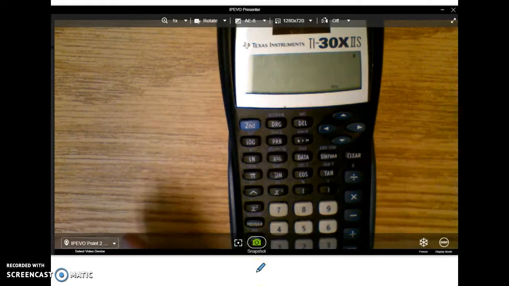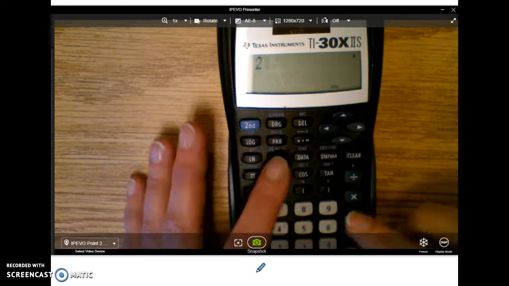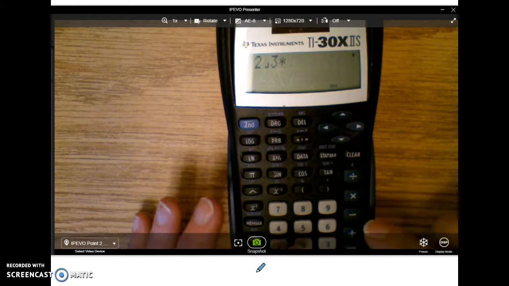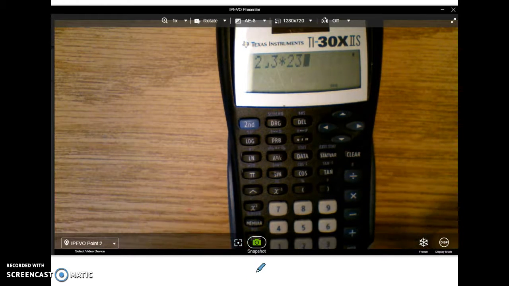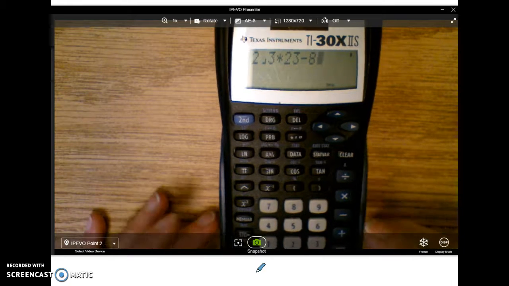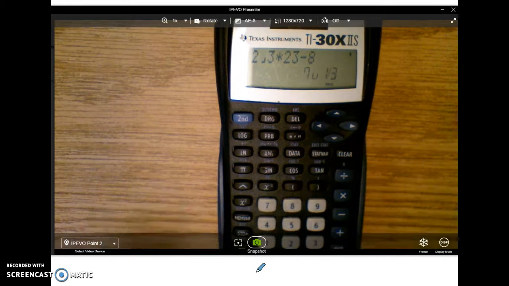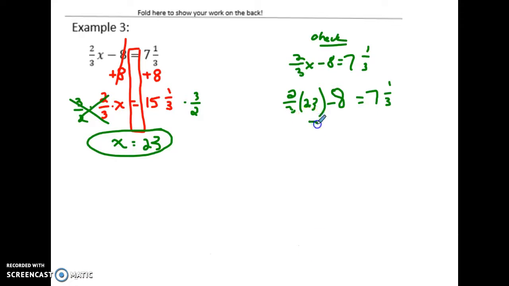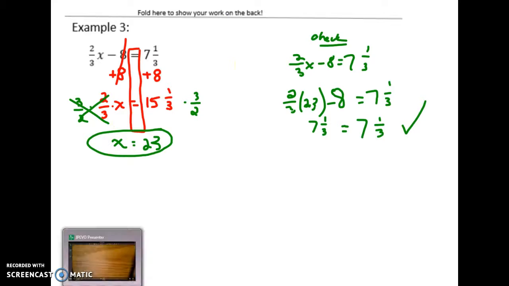We said we had 2/3 times our answer of 23, and then the other part of it was to subtract 8. So 2/3 times 23 minus 8, you can put that all in. Yep, we got our 7 and 1/3. So we're going to say yes, this gave us 7 and 1/3, and it's balanced with the equation that said we were supposed to get 7 and 1/3. So for that note sheet, you are set.